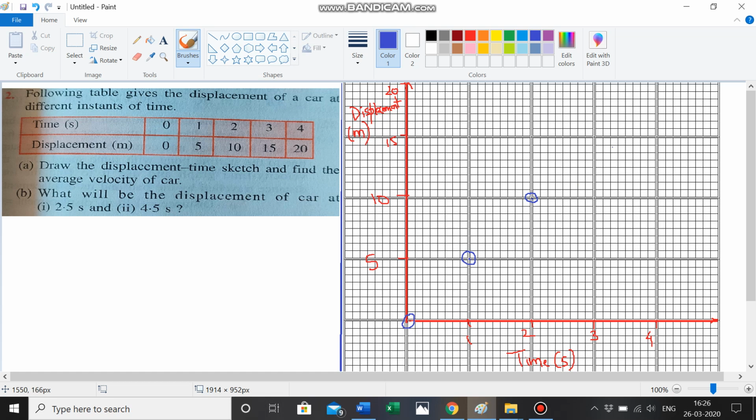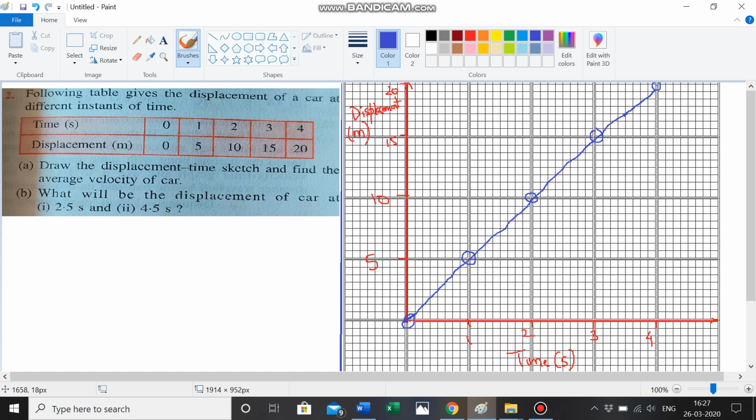Then 3, 15, which is there. This is where I plot, and 4, 20. So I plot a point here, and then I join them with a straight line. Please note, I can't use a ruler, so please use a scale that you have and join these points.